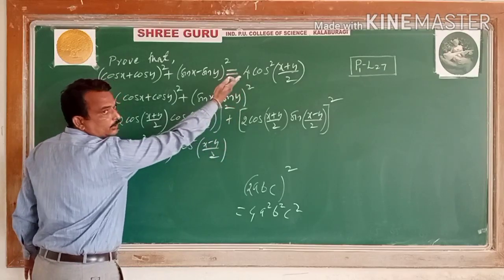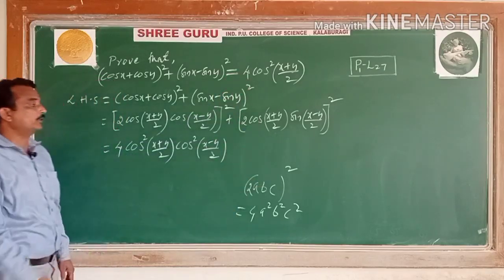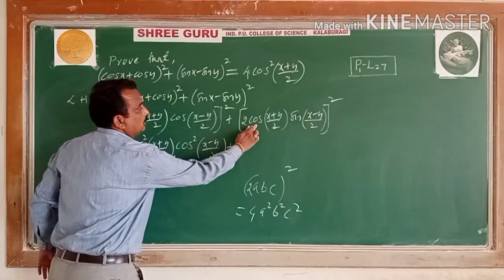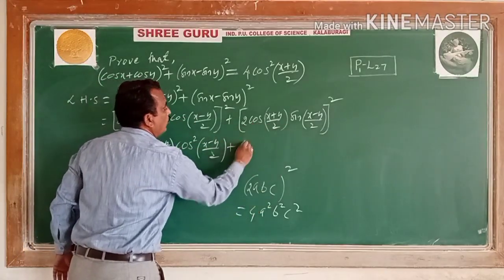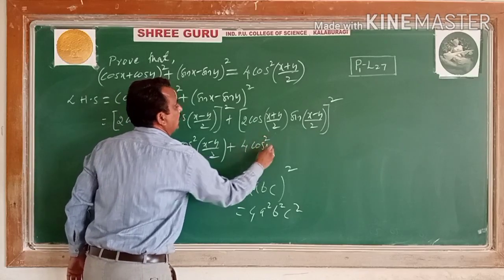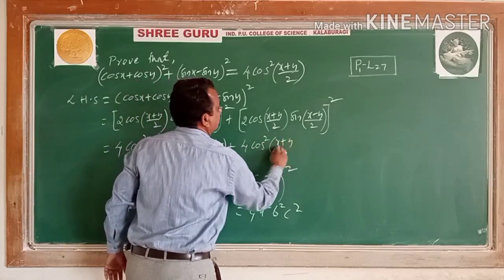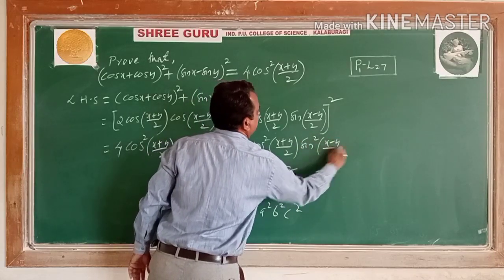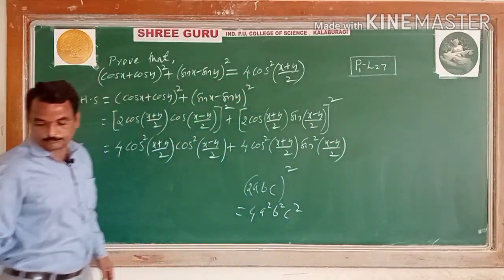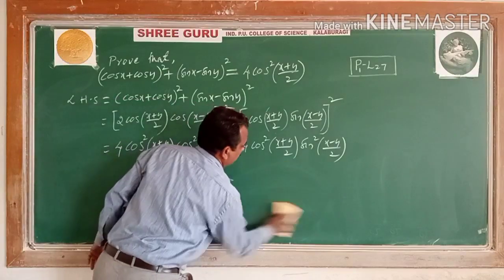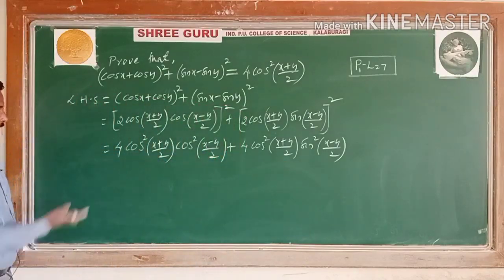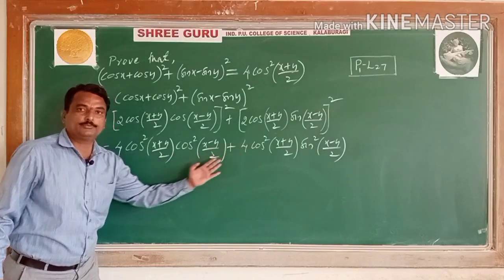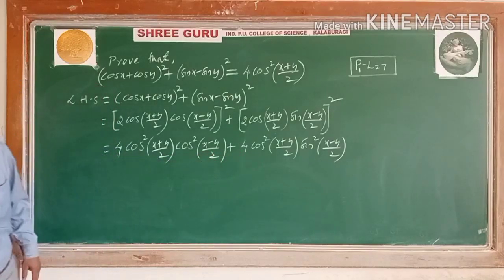You see what you have to prove, the RHS is also important here. According to that you have to prove. Plus, this is the same type, 4 times cos square of (x plus y) by 2 into sin square of (x minus y) by 2. So just we have taken the squares here. Now see the terms. Is there any common term? Which terms are common here?